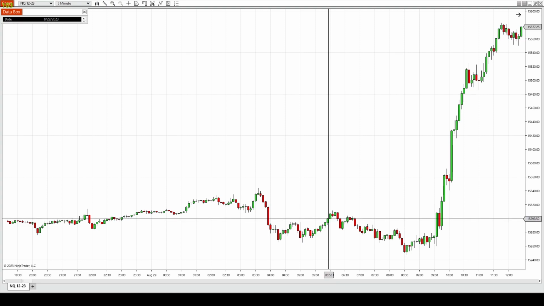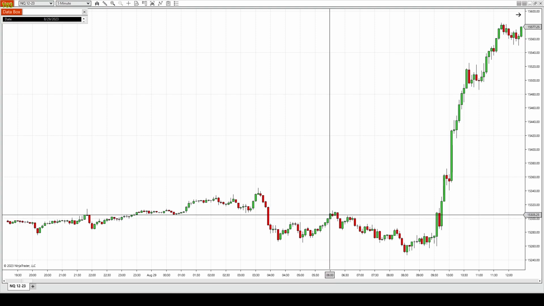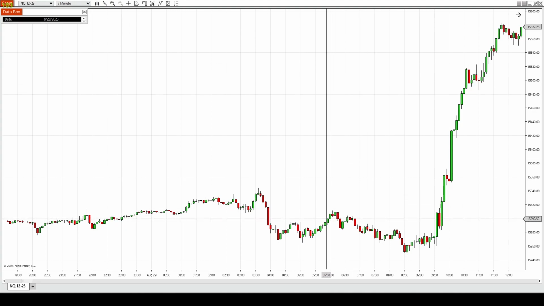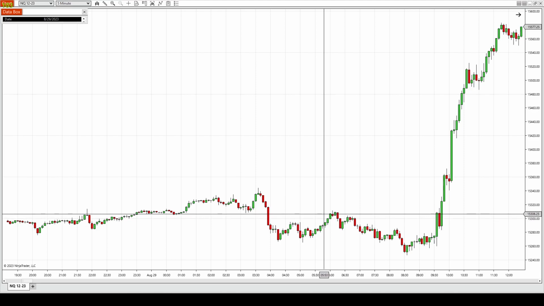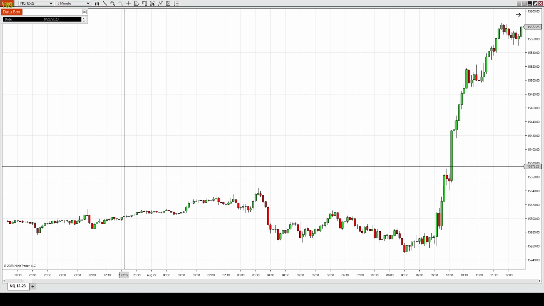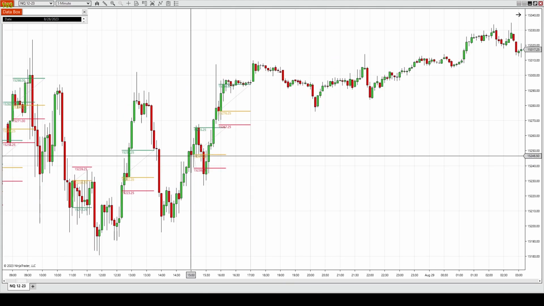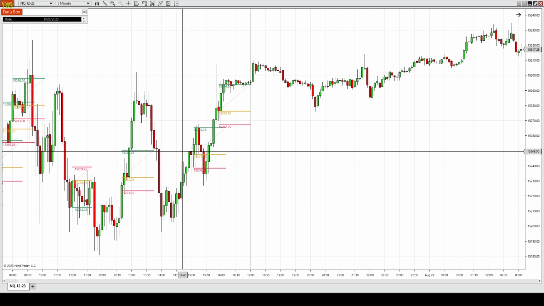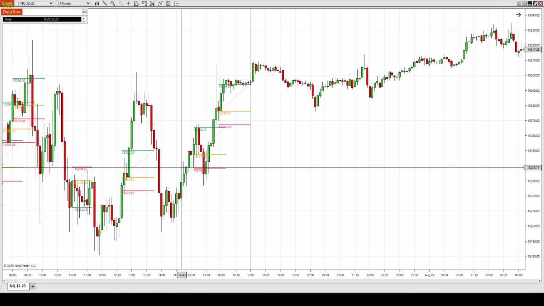So another thing we really have to be mindful of as well are the sizes of the candles. So for example, this candle is $2.99 all the way to $3.06. That's a $7 candle. When you compare that to candles like over here, 39 to 49, right?